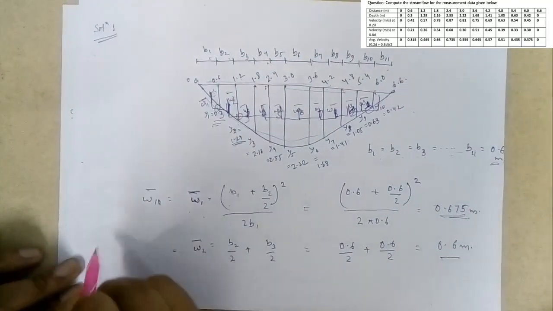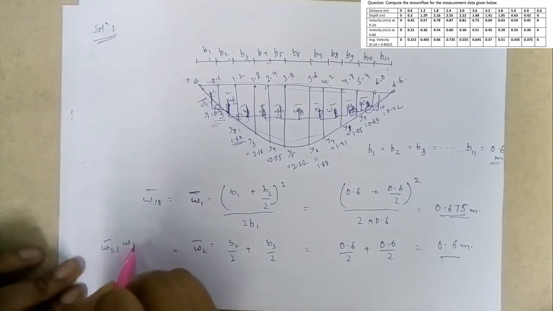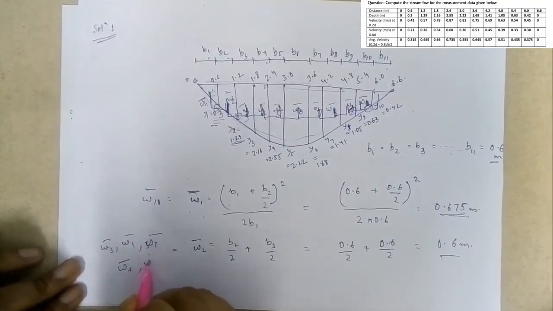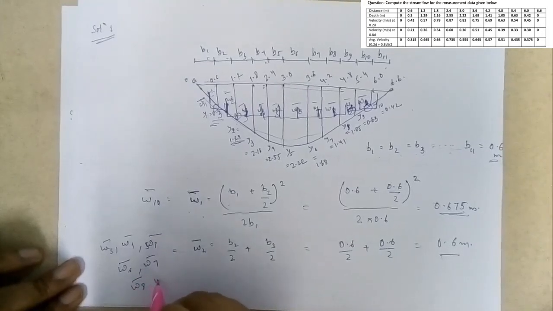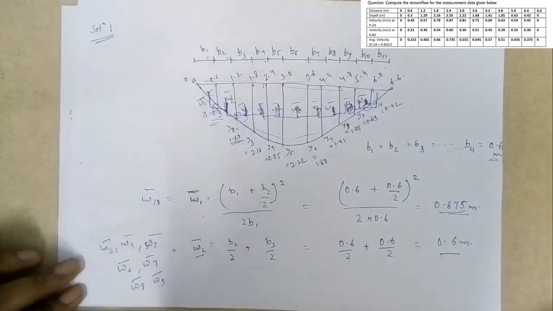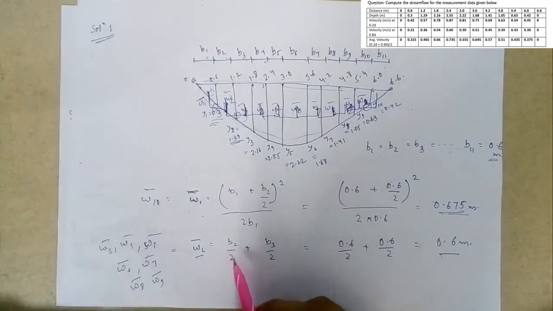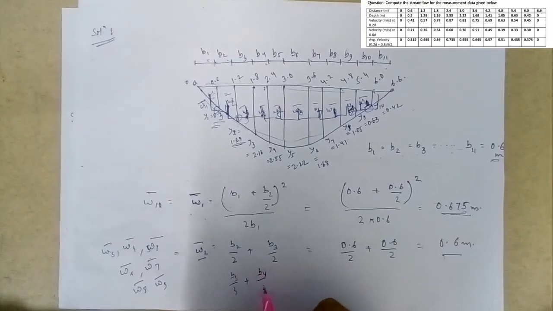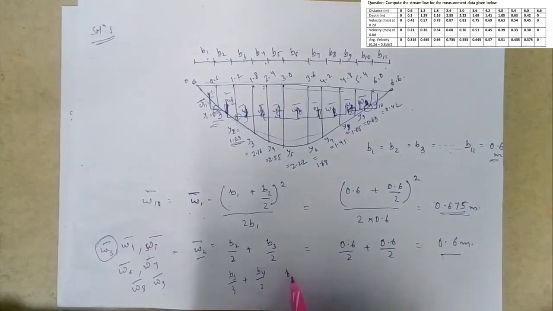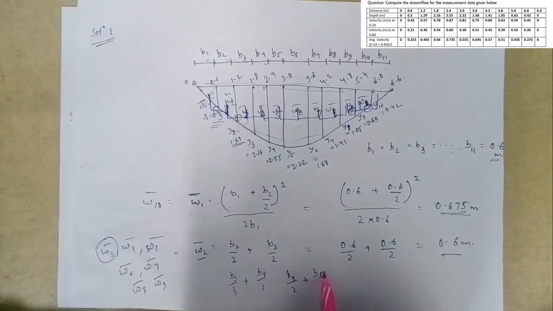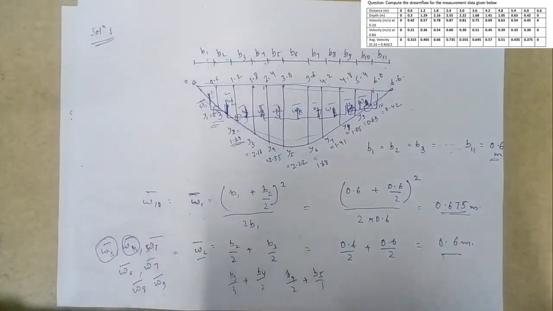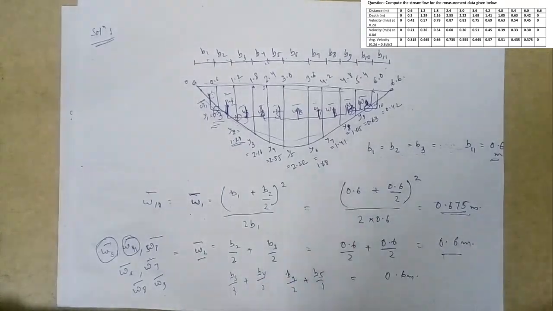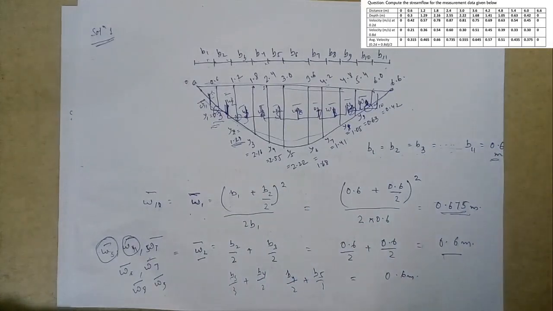But for the other ones, W2 bar to W9 bar, the value will be B2 by 2 plus B3 by 2, or B3 by 2 plus B4 by 2 in case of W3, or B4 by 2 plus B5 by 2 for W4, and similarly you can get the values of all of them, and all will be equal to 0.6 meter, as the values of B are 0.6 meter in all the cases.